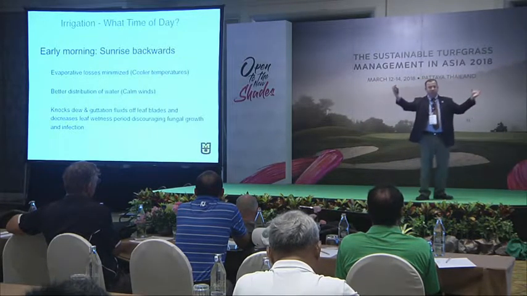Dew will naturally set on many nights at 10 or 11 p.m., and you're waiting until it burns off the next morning or until you mow it off. But if you time your irrigation backwards, so you irrigate at dawn, you rinse off all of that dew and guttation fluid, and you can actually impact the disease.